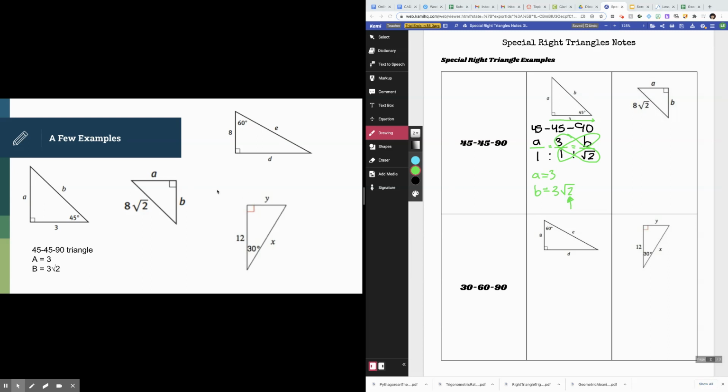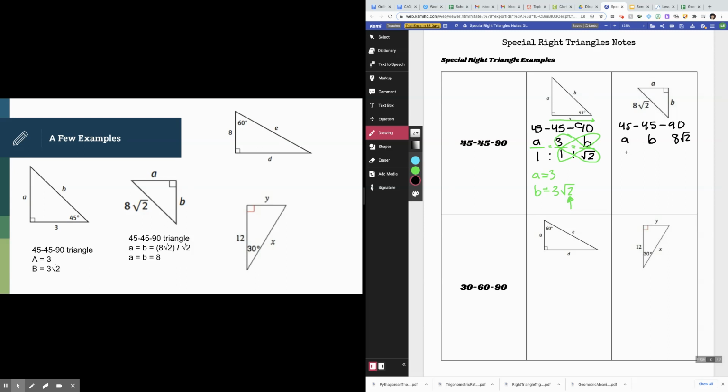All right. So here's another one, and I'm going to show you what I mean by divide, because this is going to go the other way. I'm still going to follow the same process. So this is a 45, 45, 90 triangle. I'm going to write my side lengths right underneath that, A, B, and then 8 root 2, because they gave me that one.